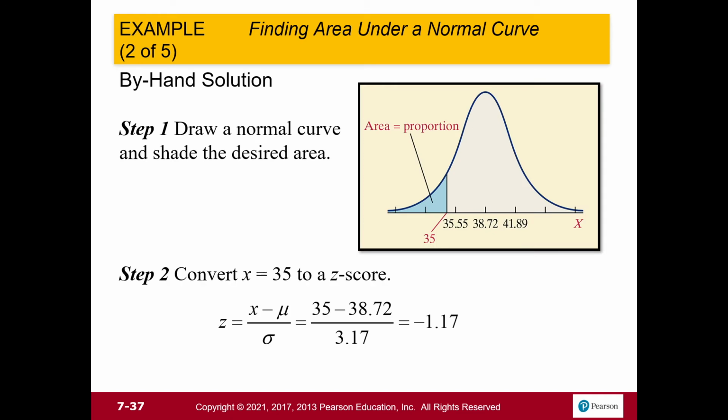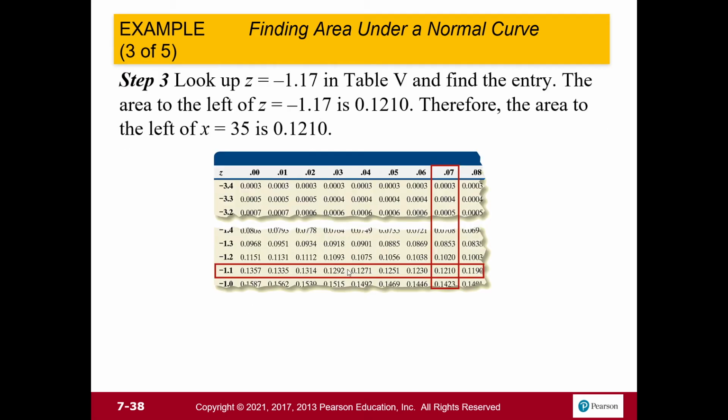Then you will have to convert your score, which is 35, to a z-score, and that's negative 1.17. Now we calculate the proportion from negative 1.17 all the way to the left, and we can look it up in the table. Negative 1.17 corresponds to 0.1210. That's the proportion of the area under the curve.